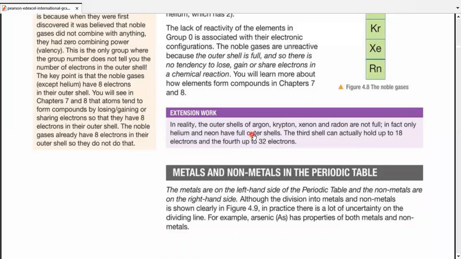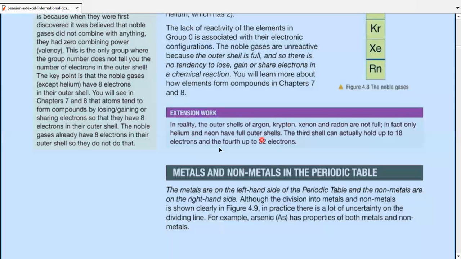But there are so few compounds that we are aware of that we still call them unreactive. For example, we have compounds of krypton with fluorine, or xenon with oxygen and fluorine. But those compounds are so few that we still consider them unreactive.